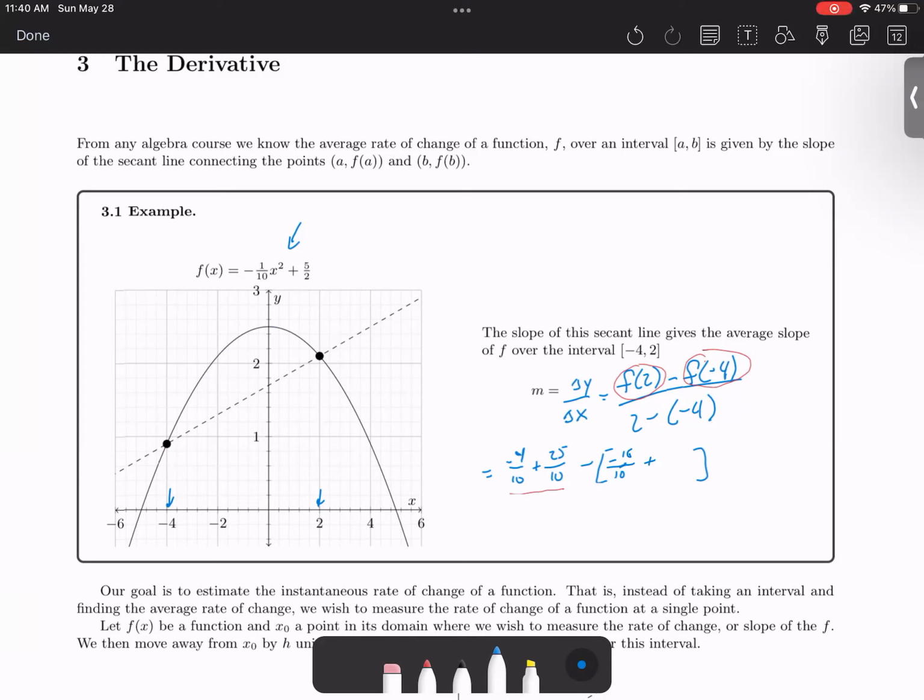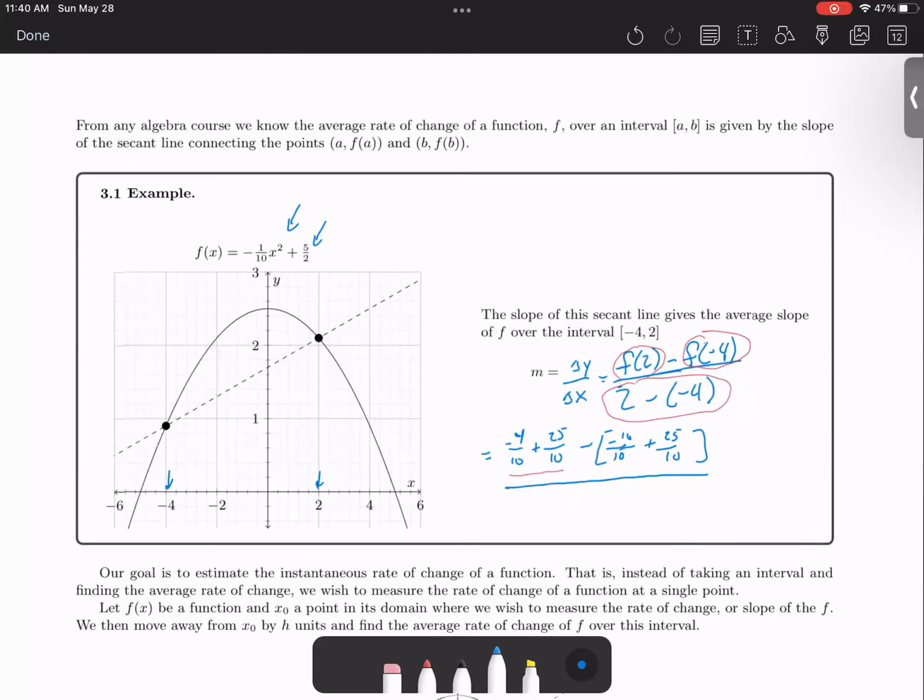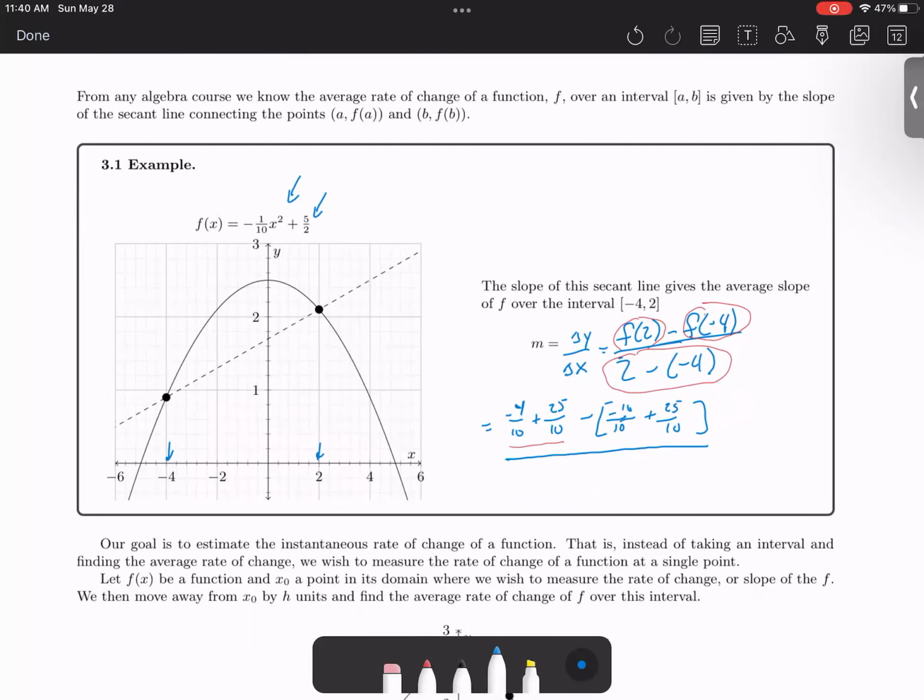Again, I want a common denominator of 10, so let's write that as 25/10, multiplying that 5 halves by 5, top and bottom. All of that is over our change in x, 2 minus -4. 2 minus -4 is 2 plus 4. That's a distance of 6.